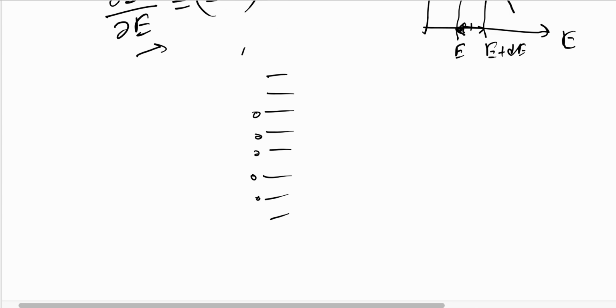Suppose that in place of an infinite staircase, a finite staircase is there. You will get only a maximum energy, suppose this is energy, and the maximum energy is 5 omega h. And how many possible ways will you get 5 omega h?